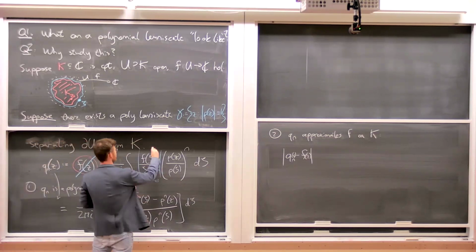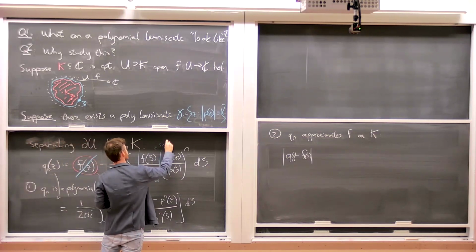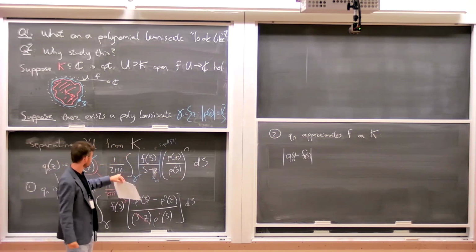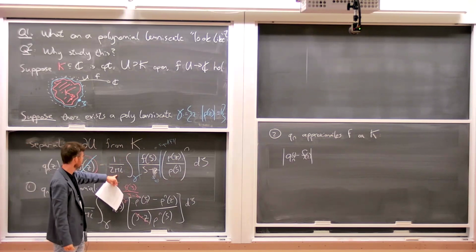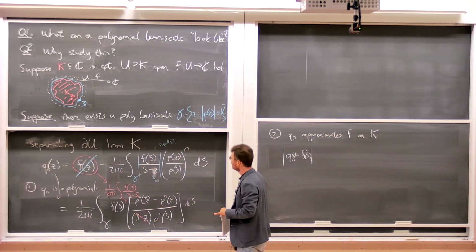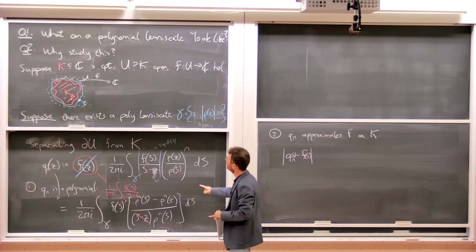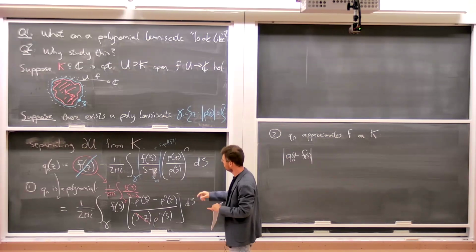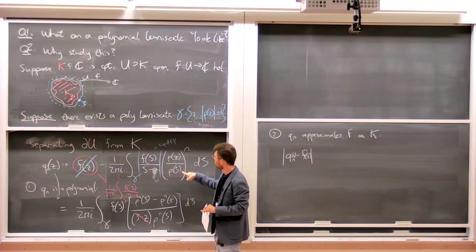This f term, it's bounded by whatever the sup of f is. And okay, the 1 over 2 pi i term is constant. When we integrate over gamma, we get the length of gamma. Nothing too interesting yet.